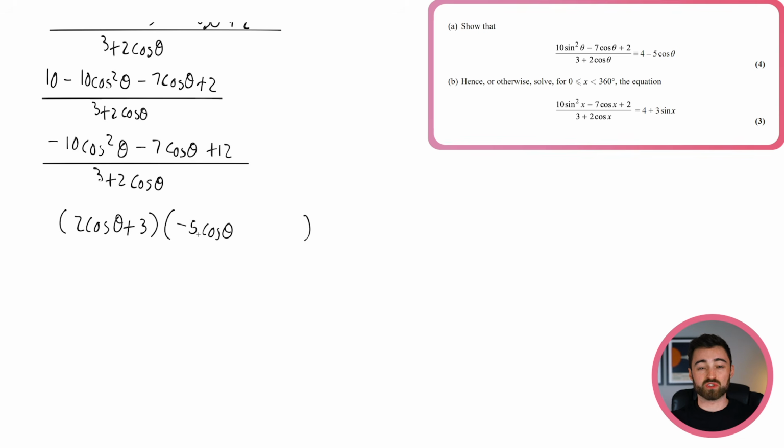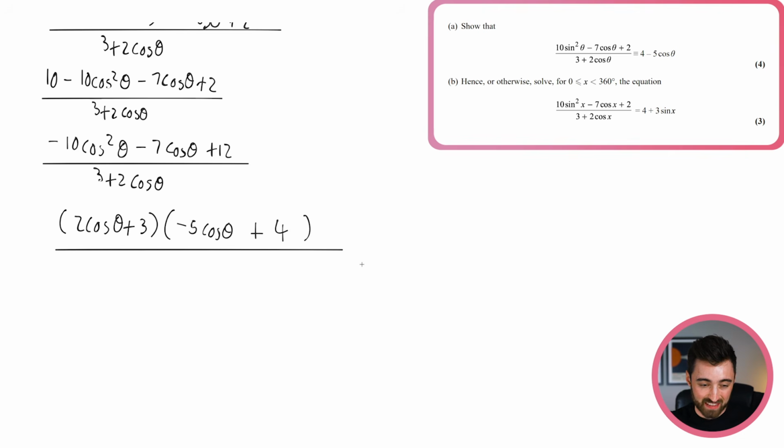So then I would want to plus 8 cos theta, wouldn't I? To get minus 7 cos theta. So if I was to then add a 4, this would work out, would it not? Because the 4 times the 2 cos theta would be a plus 8 cos theta, and then 3 times 4 would be 12. Oh, grim.